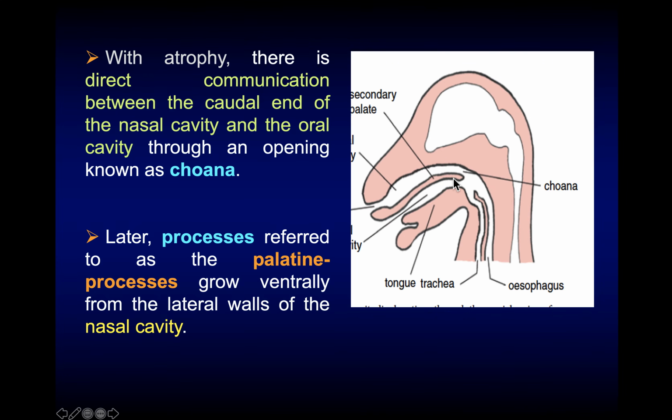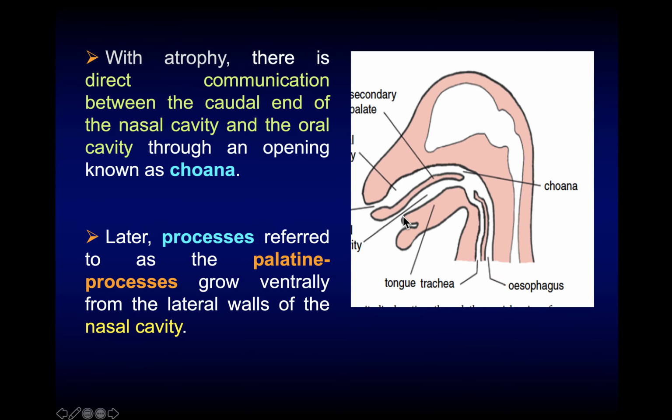And the second important thing, that the caudal part of the primary palate will atrophy, and this will result in the formation of the common area for the respiratory portion between the right and the left nasal cavity, and this structure is called choana.